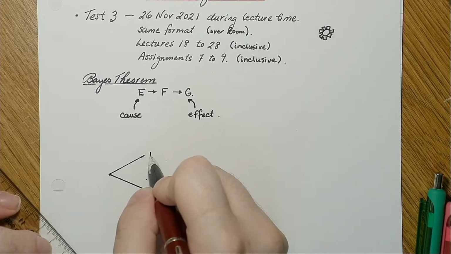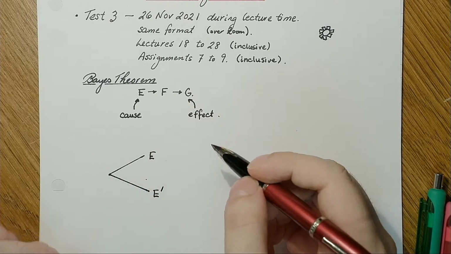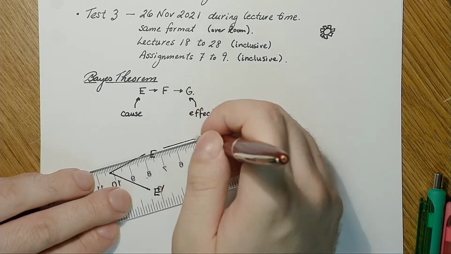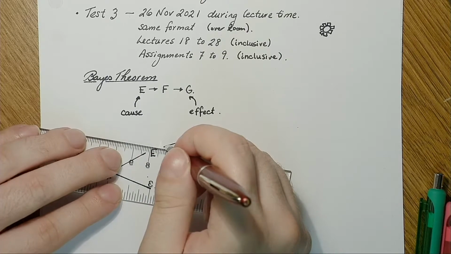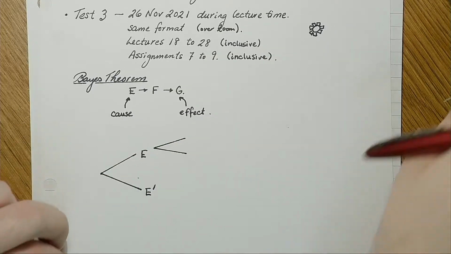So I can say the cause here is E, or the event E. Over here, I'll branch this off again, so you'll have a chain. Let's clean this.